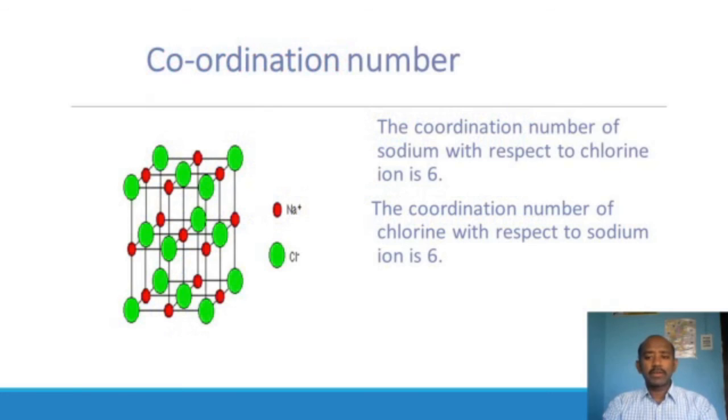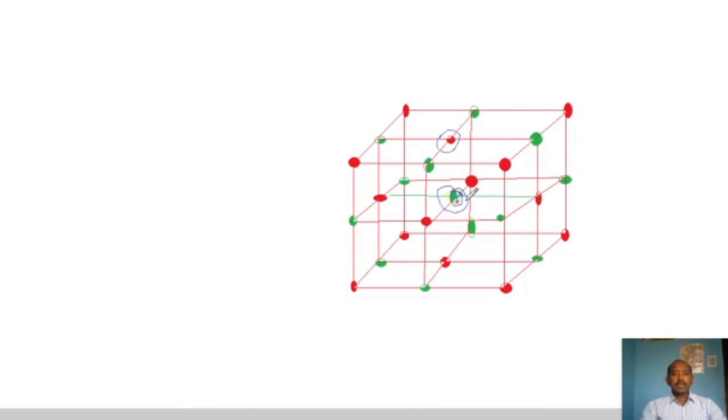Now we have to find out the coordination number of this sodium chloride structure. What does the coordination number mean? It is the number of atoms coordinating with its neighboring atoms, and that we have to find out. Here we have considered the sodium atom at the center.